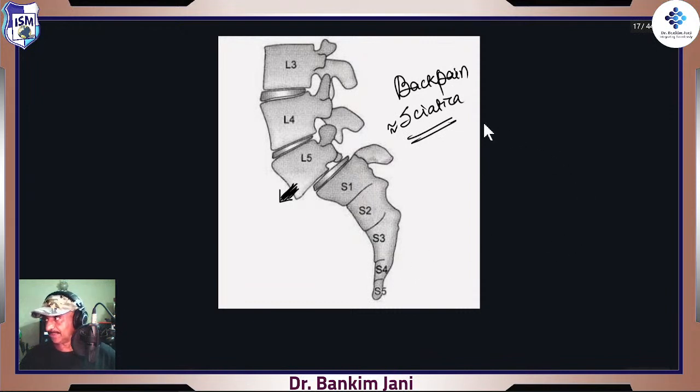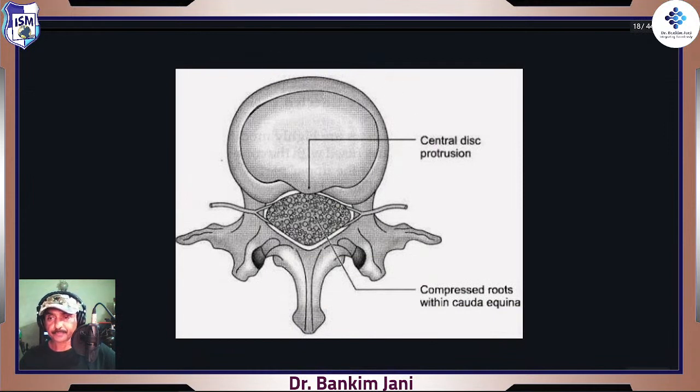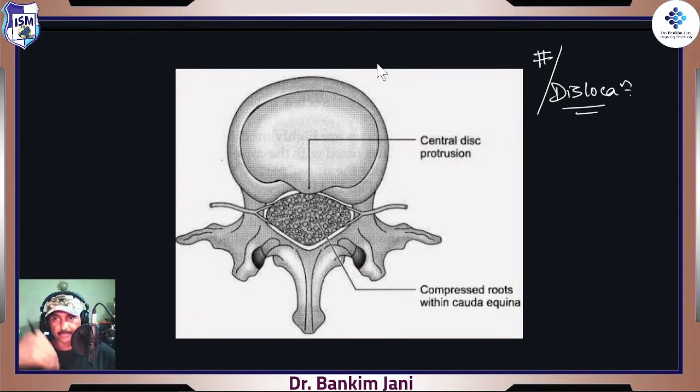Yes, kyphosis is the hump. That's right. Now this may be because of, say, fracture, or dislocation. So there is central disc protrusion. The disc protrudes, and this can result in straight away compressing the roots of the cauda equina.